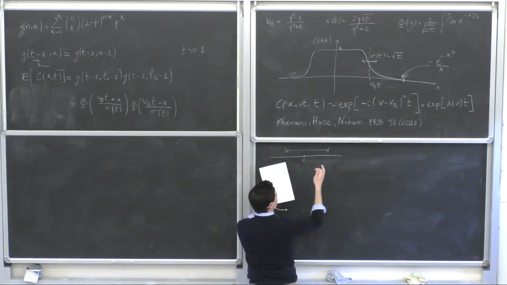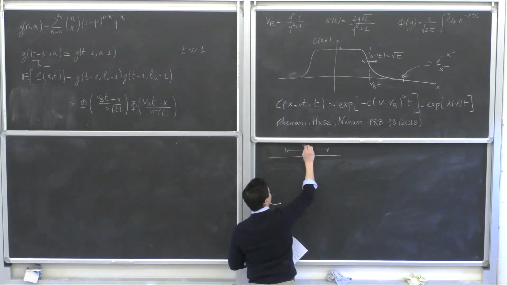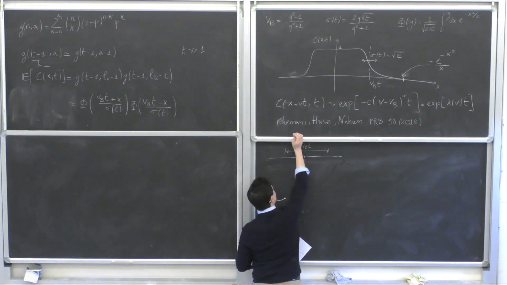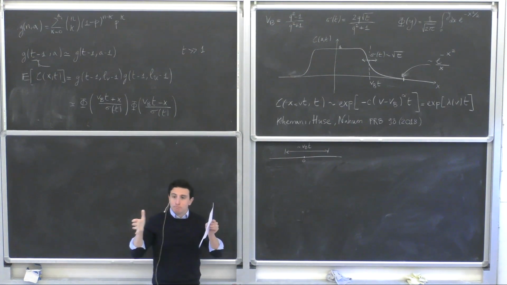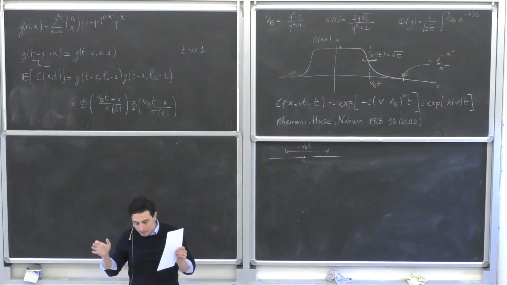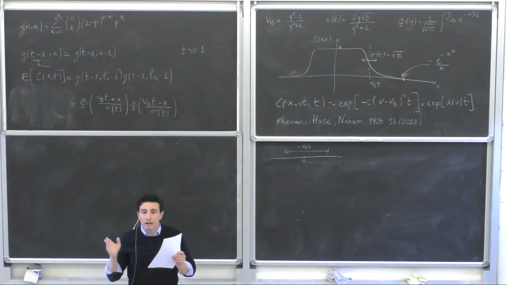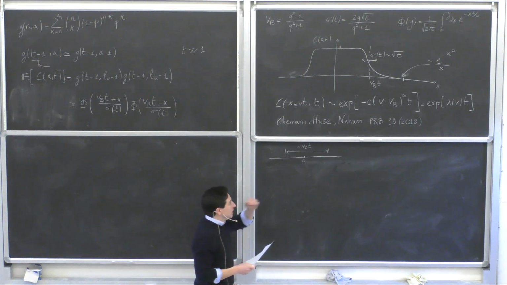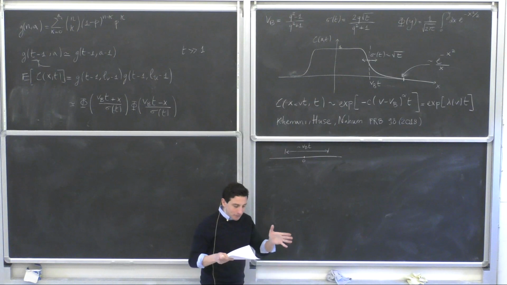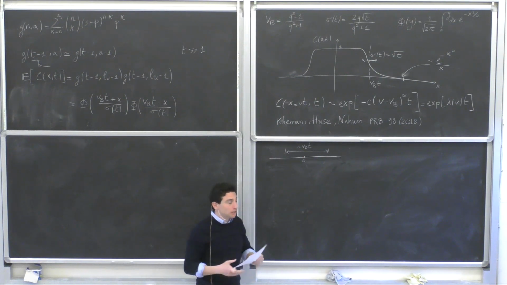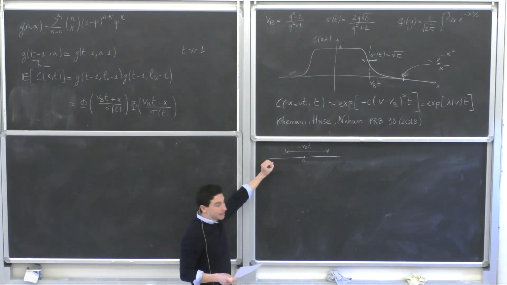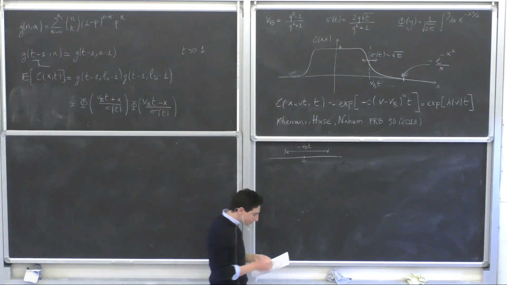The support of this operator will spread at a velocity which is VB. So at large times we have this. And then within this region, it will be a random operator. Of course, this is not what happens because we have our dynamics, so there is some structure. But what happens if we really take this stupidly simple picture?